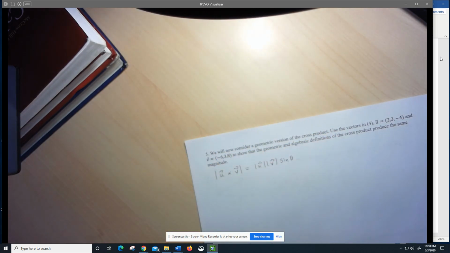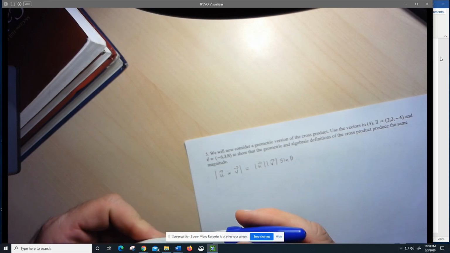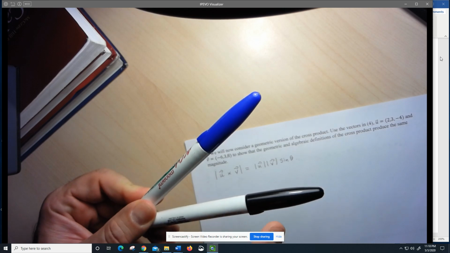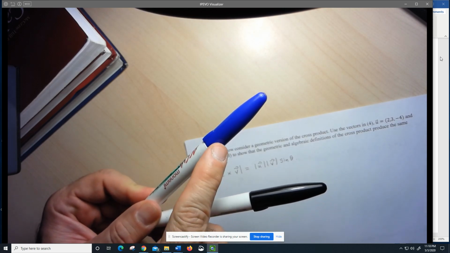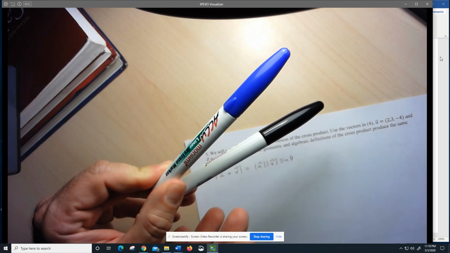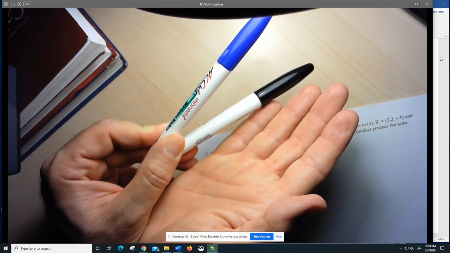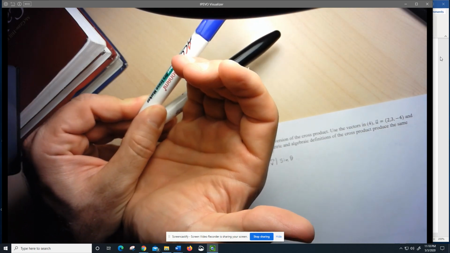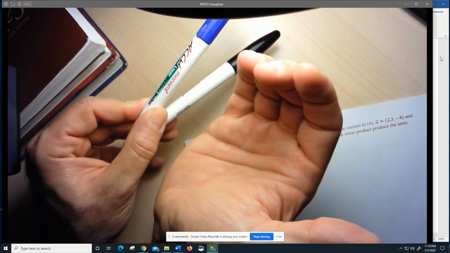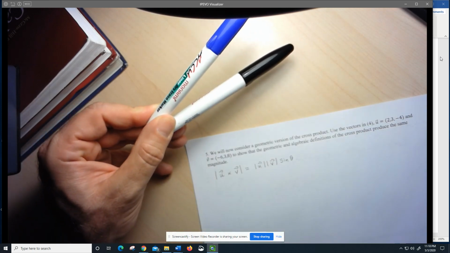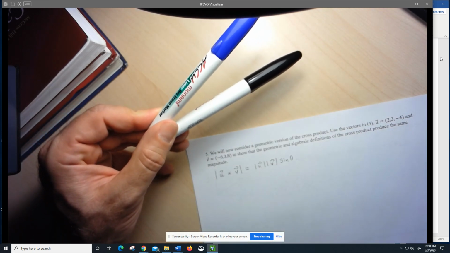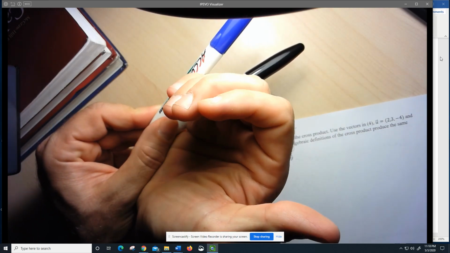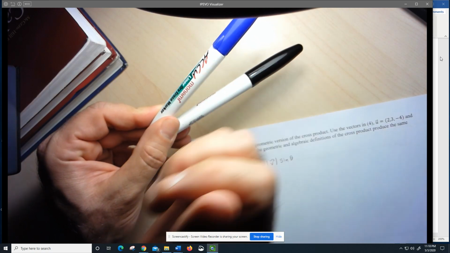And it works in a very similar way. So here, if we have our two vectors, U and V, okay? So let's say this vector here is U and that vector is V. So what I do is I point my fingers in the direction of U, I curl towards V, and then my thumb gives me the direction of the cross product, okay? The direction of my vector with my right hand.